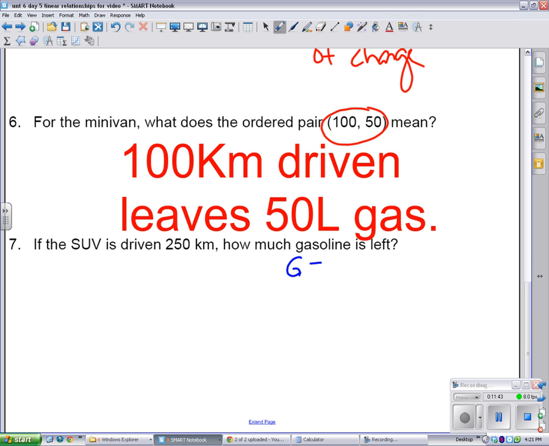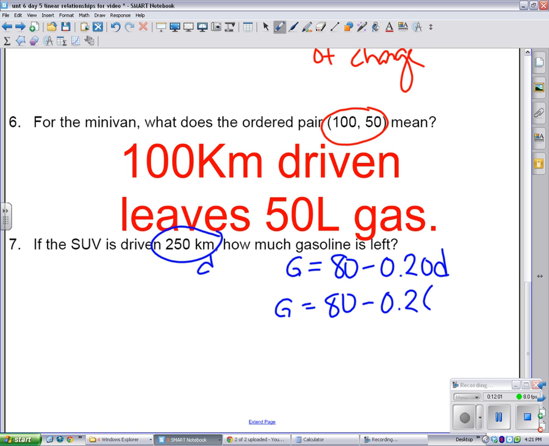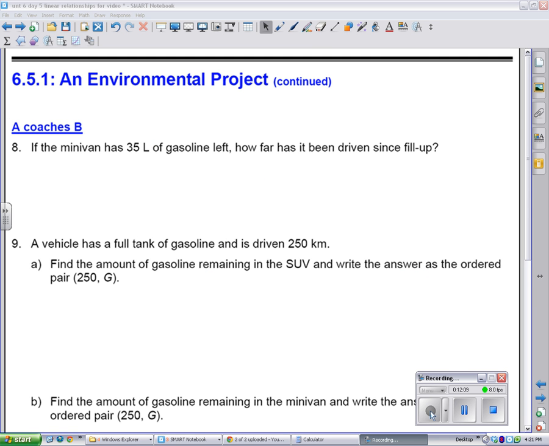So for the SUV, gas is calculated from 80 minus 0.20D, and when they say 250 kilometers, I'm going to put that in for D. This is a distance. So the gas is 80 minus 0.2 times 250. And just like we worked on the table, we can figure out how much gas there is remaining.